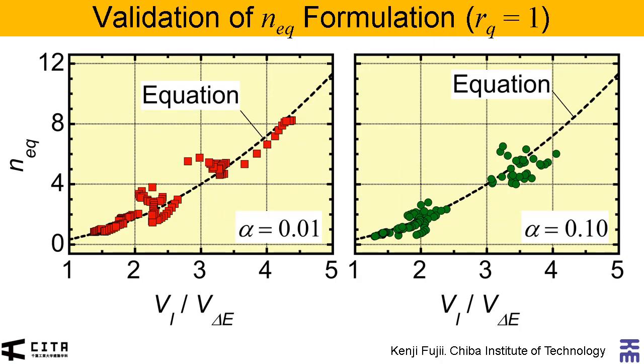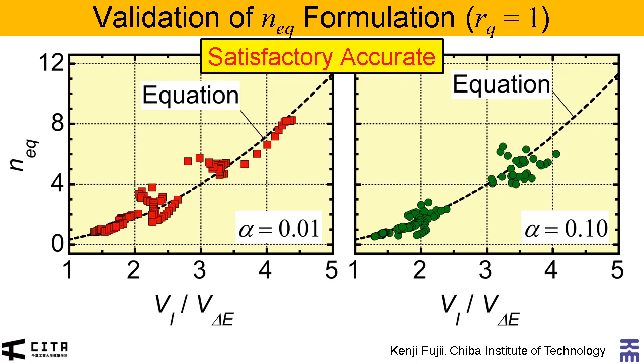Next, I would like to show you the validation of the NEQ formulation. What I am showing to you is the comparisons of the equations and the numerical results in case of RQ equals 1. The result of the case alpha equals 0.01 is shown in the left, while those of the case alpha equals 0.10 is shown in the right.